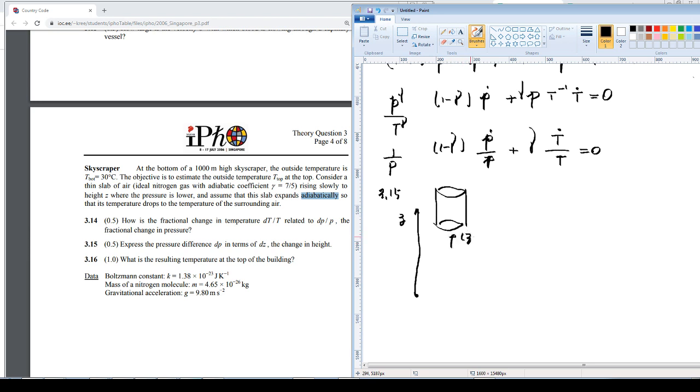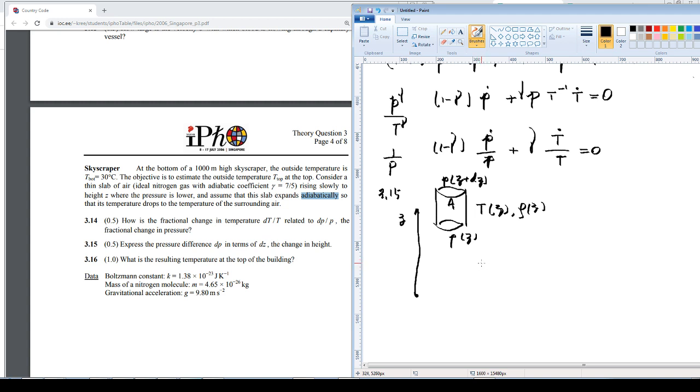The pressure here is P(z). The pressure here is P(z+dz). And this air has certain temperature and density, which all depend on height. And let's also imagine the cross-sectional area is A, right?